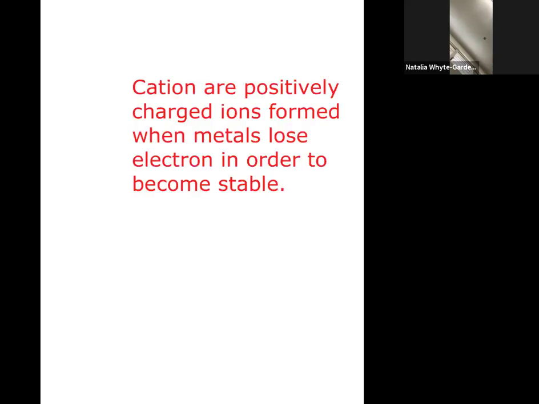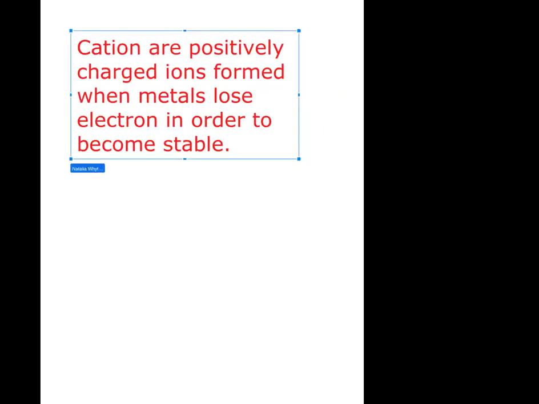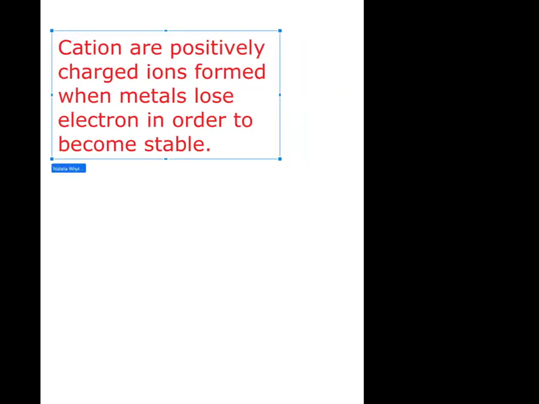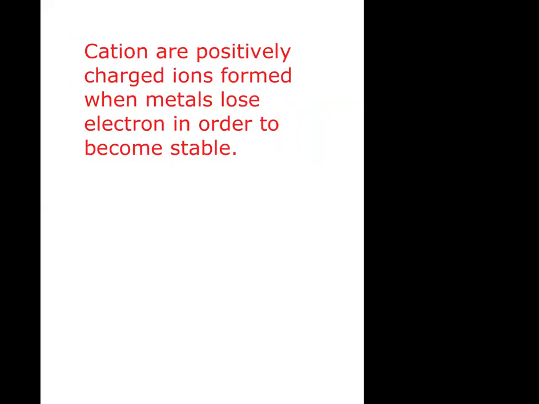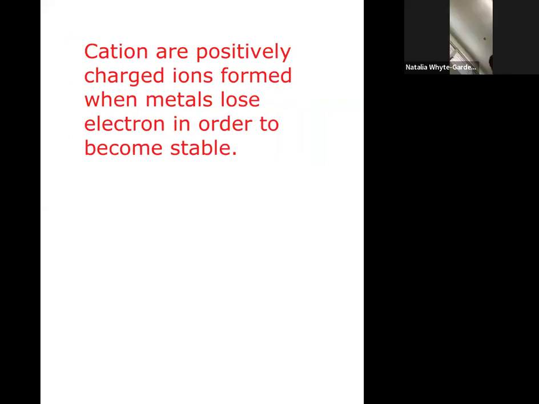So which group of the periodic table are we going to find metals in? Group 1 to 3. The elements in group 1 to 3 have to lose their electrons.